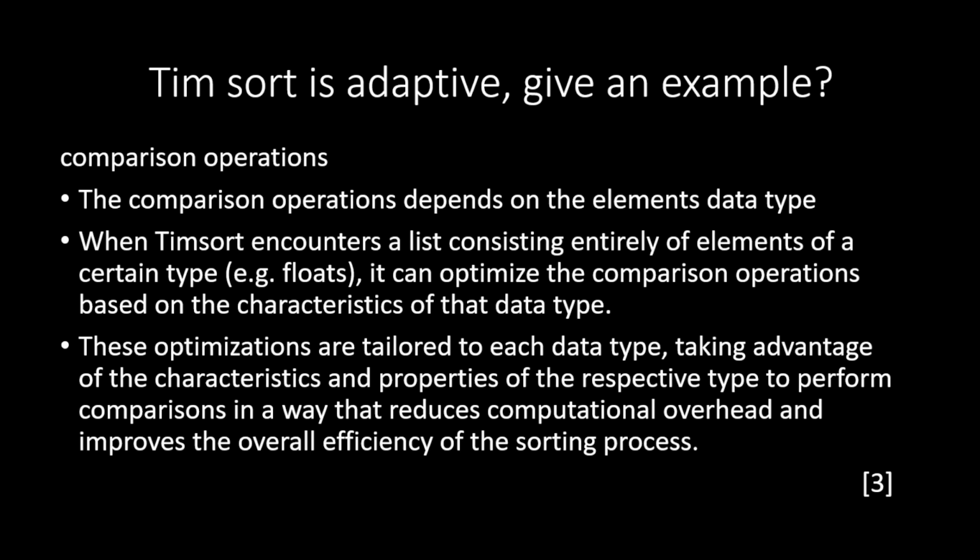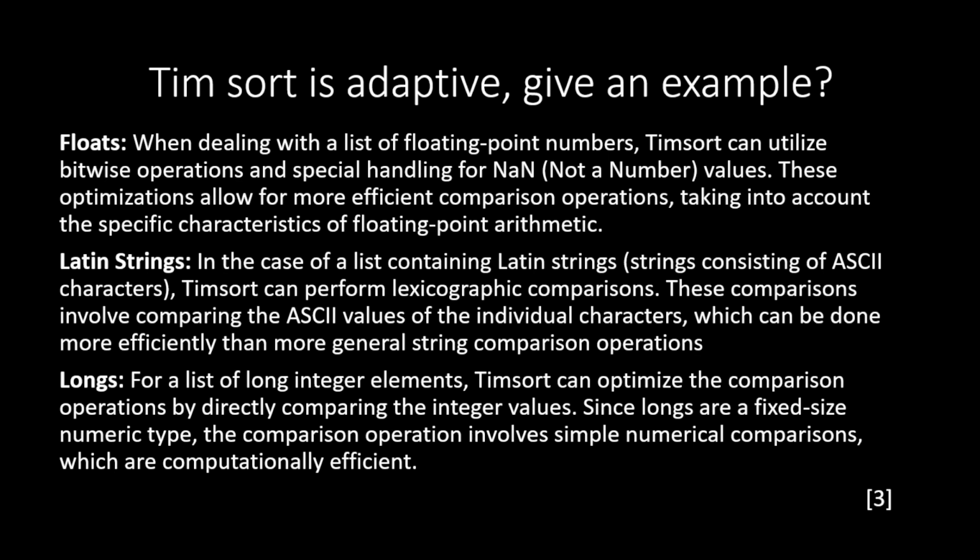So different operations will be more efficient on different data. So for example, if you have a list of all integers, all floats, or all characters, you can use slightly different comparison operations to make it more efficient. So Timsort recognizes what characters are used, and then it can use the most optimized approach to ordering those characters.